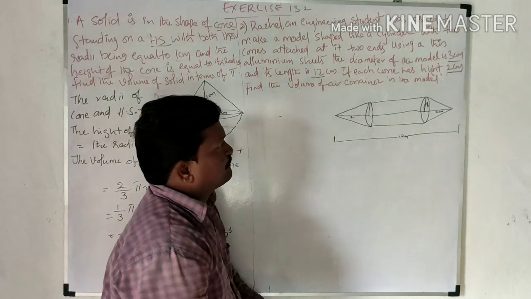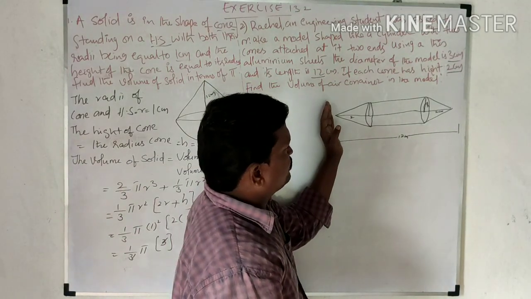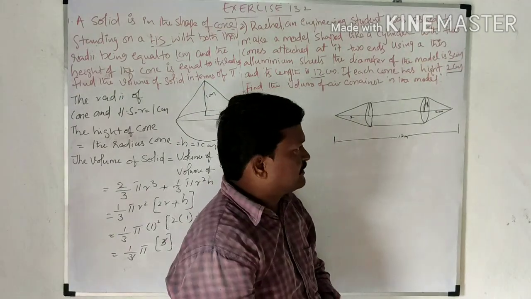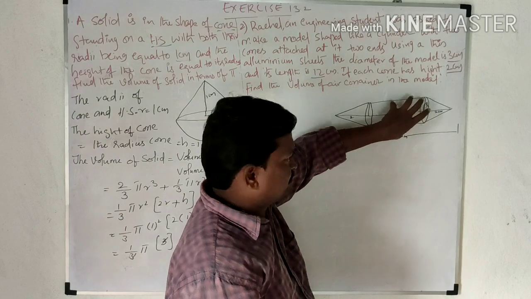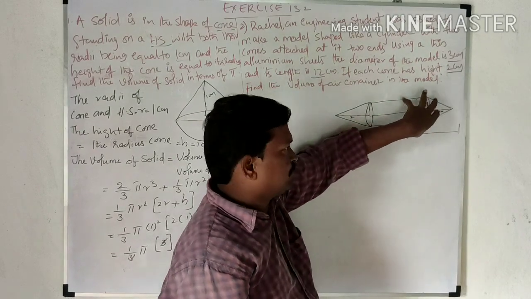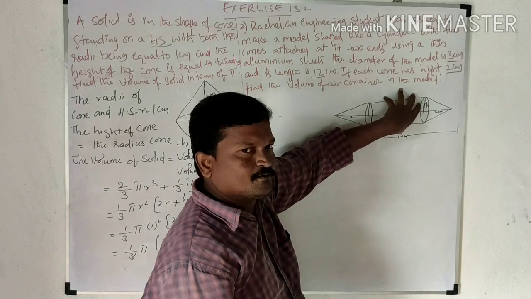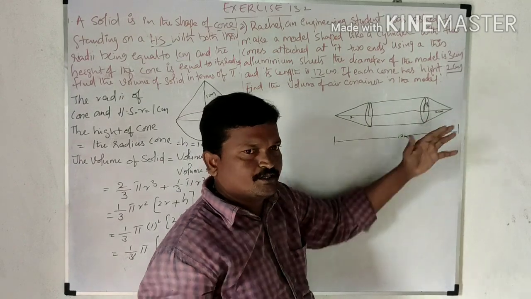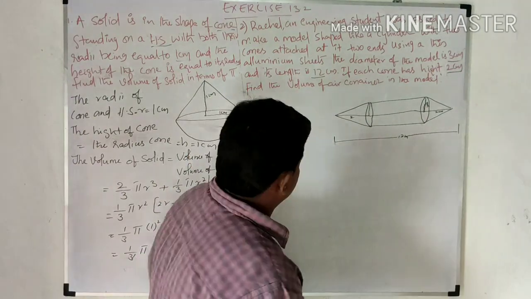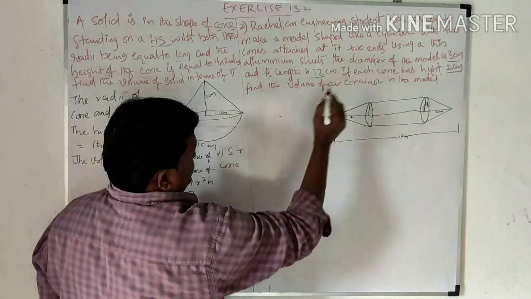Okay, now we want to find the volume of this container. Volume means how we will get it: volume of cylinder plus volume of this cone plus volume of this cone, means volume of cylinder plus volume of 2 cones becomes the total volume of this model. Okay, so now let us try to write.